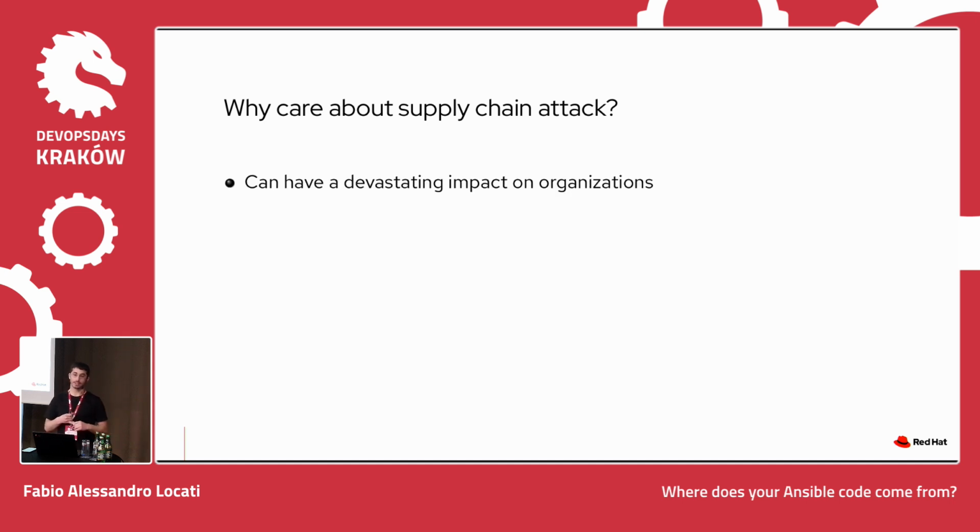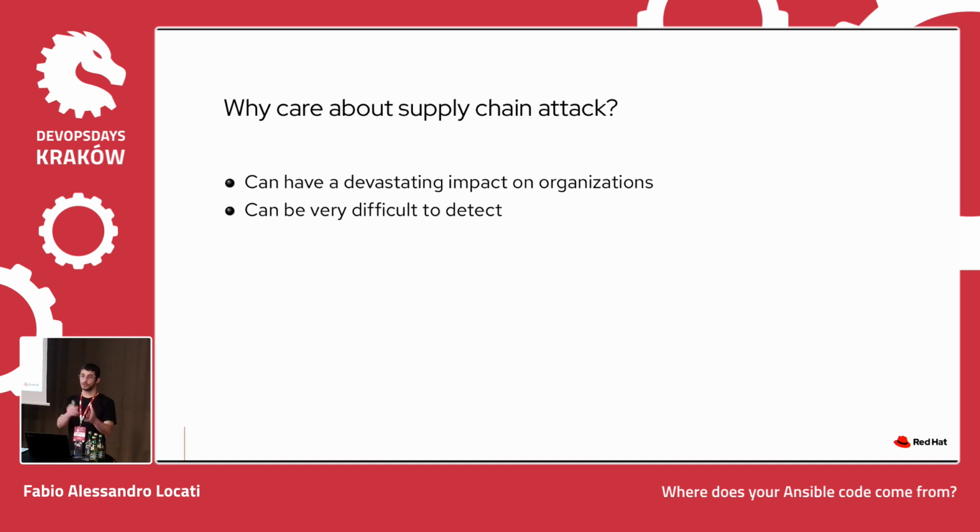Why should we care about this at all? First of all, supply chain attacks have devastating impacts on organizations. And there are multiple reasons for which those kinds of attacks are usually more devastating than other kinds of attacks. The first reason is that they are very difficult to detect.